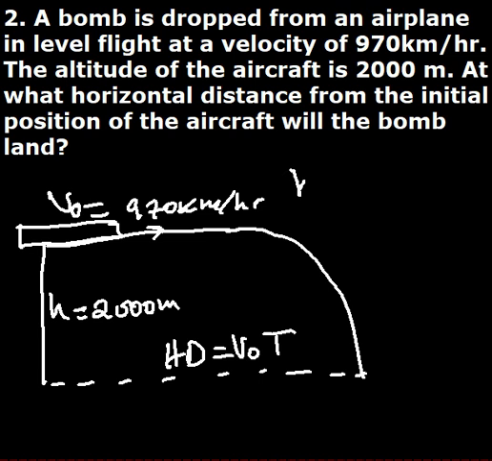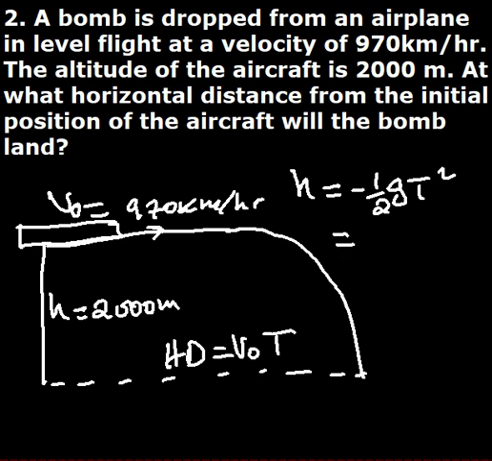The height is given as negative half g t total squared, as we have talked about for this kind of projectile motion, where the initial velocity along y is zero. So we have this formula for the height.